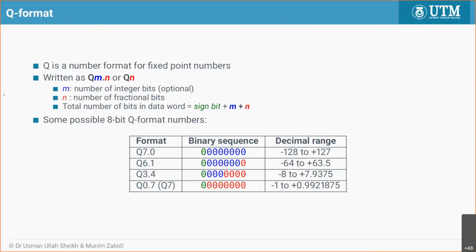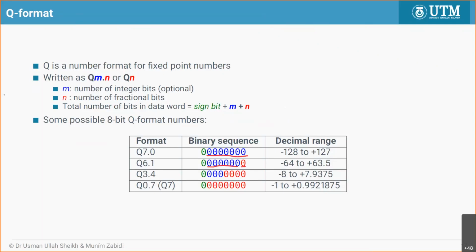For example, I have Q7.0. So I have 7 bits integer, all integer, no fraction. This one I cannot write as Q7, I must write Q7.0. Then we can have Q6.1, 6 bits integer, 1 bit fraction.